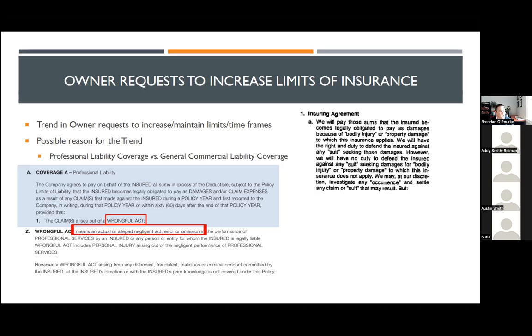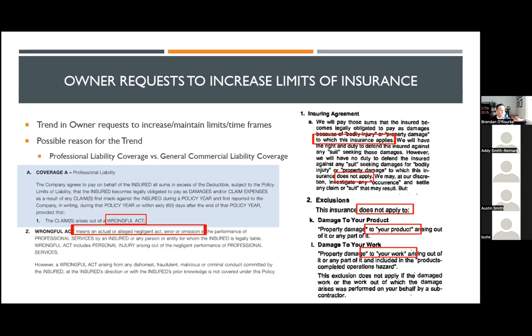On the other hand, a general contractor does have insurance. Their insurance companies provide coverage for damage that the insurance applies to. But there are 20 or so exclusions to that coverage, two of which are damage to the product itself, which is essentially the project, and damage to your work.